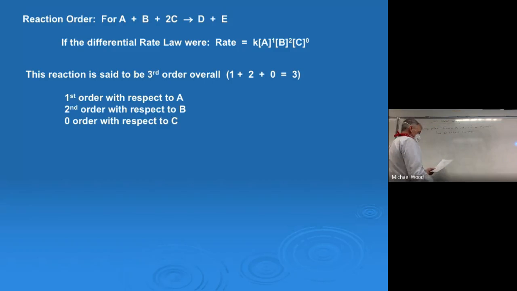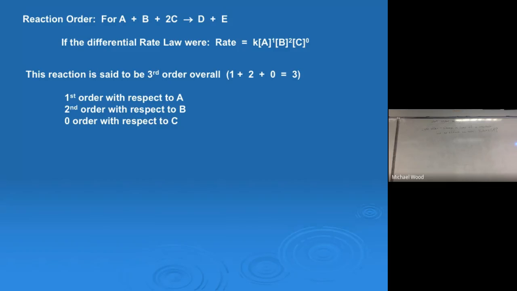So what we would say here is the rate is equal to K times A to the 0. So anything raised to the 0 is 1. So as the concentration of A changes, it doesn't affect anything.